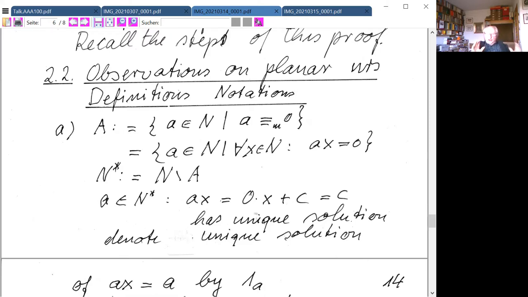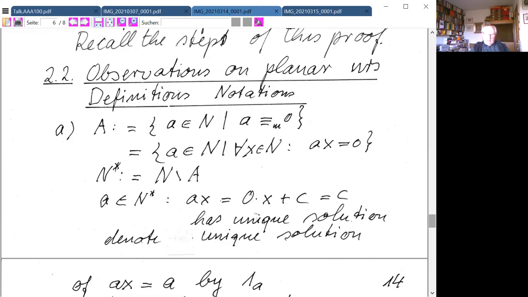If we want to make sure that all planar near-rings may be obtained in this way, we need information or observations on planar near-rings and certain definitions and notations, such that we will be able from a planar near-ring to reconstruct, to dig out a Ferrero pair from which we could have derived this planar near-ring.